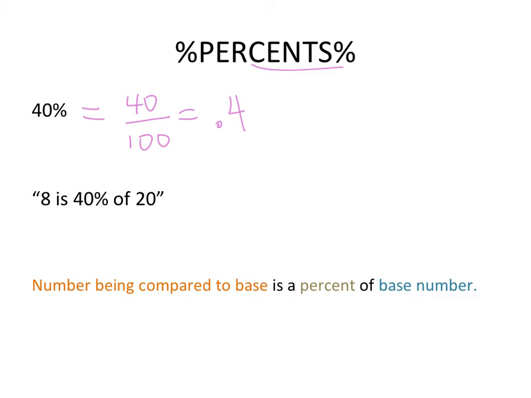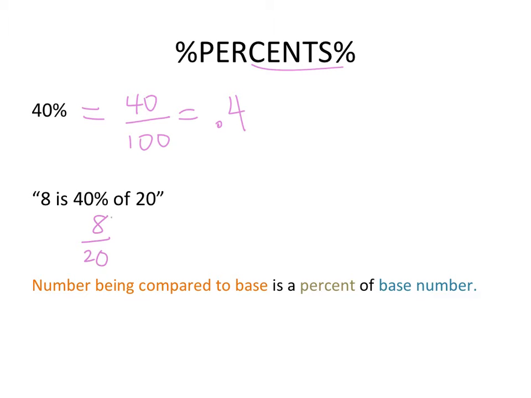Now we're going to look at this sentence. 8 is 40% of 20. So in this, we're comparing 8 to 20, right? So we can say that 8 out of 20, so this part over our whole, this is our base number. 20 is going to be our base number. We'll put it on the bottom.